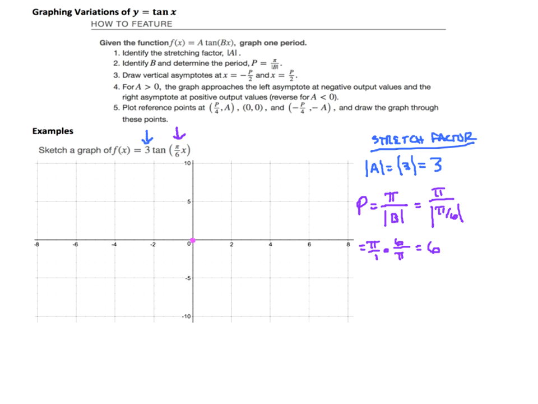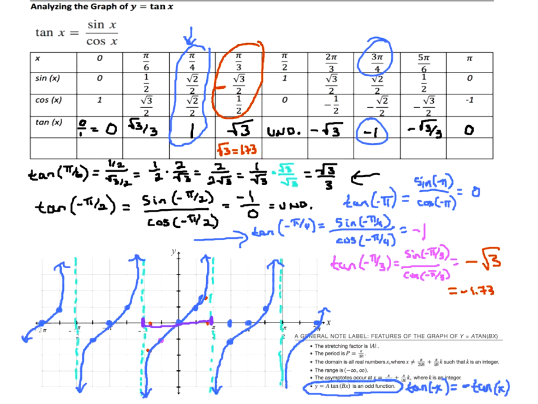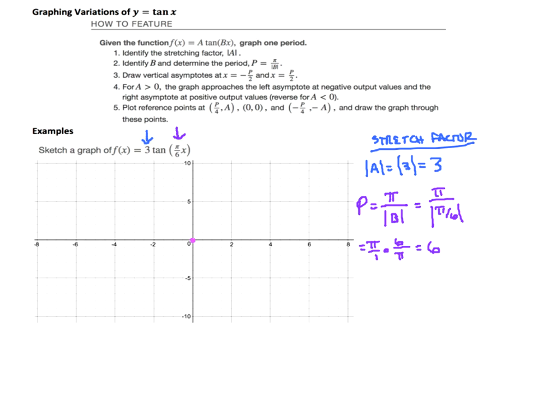So if the origin is in the middle of my period, look here, the origin sits right at the midpoint between my period boundaries here, then I know since my period is 6, I need to move 3 in the negative direction for my period boundary and 3 in the positive direction.